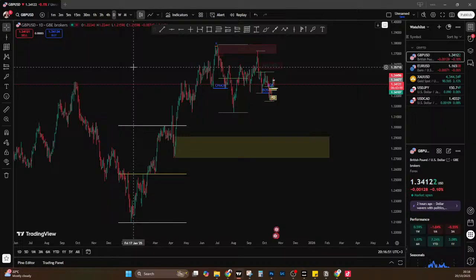In the daily time frame, what we see is that the market is retracing to a discounted price. So what we are trading now is the retracement.